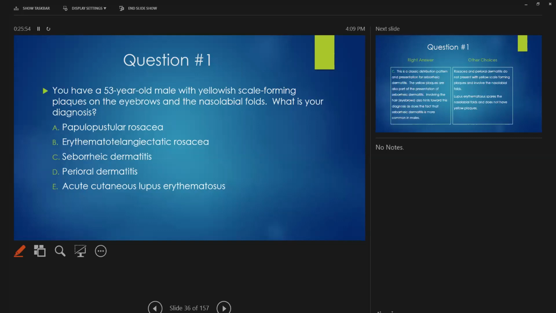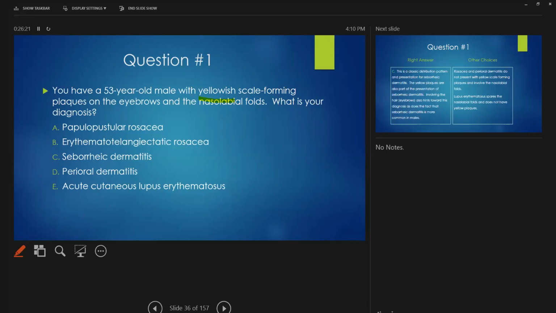So let's do a quick question here. So you have a 53-year-old male with yellowish scale-forming plaques on the eyebrows and nasolabial folds. What is your diagnosis? So in this case, we're talking about yellowish scale-forming plaques. So that takes out our papulopustular rosacea.